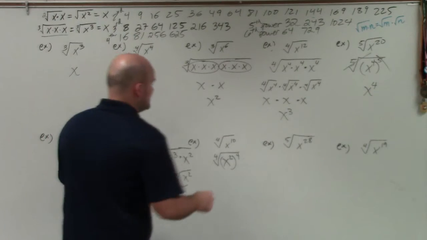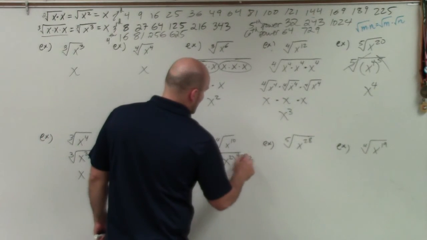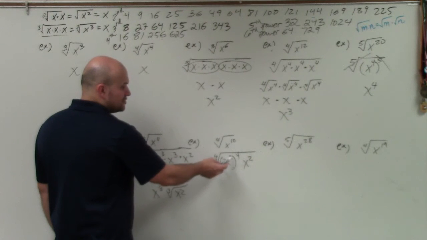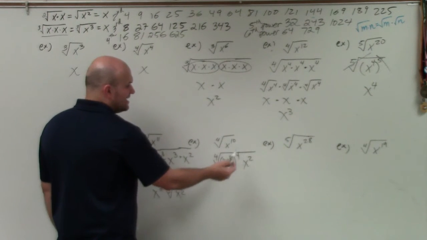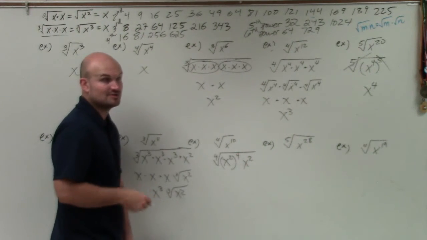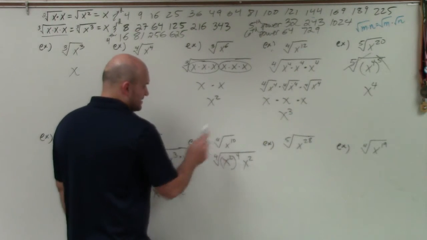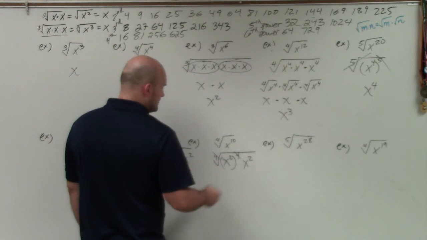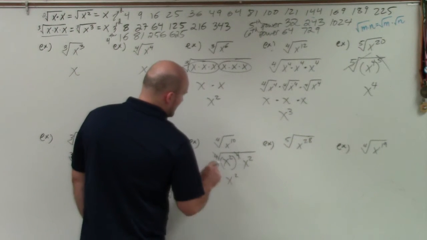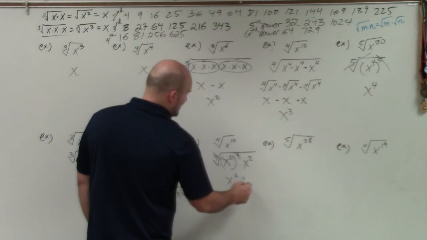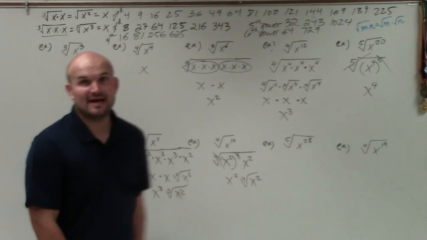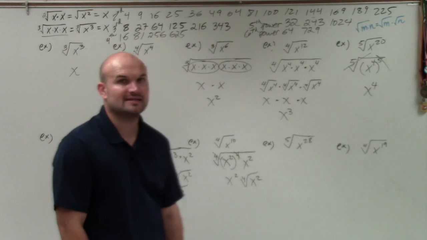All I need to do is multiply that by x squared, and that's going to give me x to the 10th. X to the 8th times x squared, add the powers, gives you x to the 10th. However, now I can take the 4th root of x squared to the 4th, which is going to leave me x squared. The 4th root of x squared is still going to remain under there. So that remains like that, and that is our final answer.